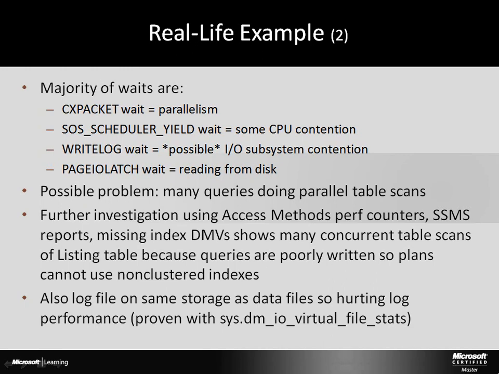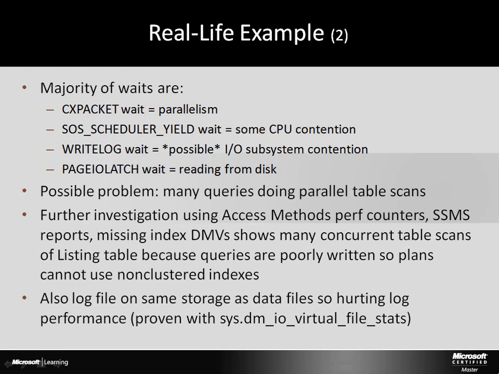Now, from digging in further, in other words, taking the waits and then looking at the queues, looking at perfmon counters, looking at the various DMVs and so on, and analyzing what query plans are occurring on the system, what it turned out to be was that there are many queries that aren't using the non-clustered indexes that are defined on this big table. And so lots of these queries are actually doing table scans. So there's a lot of concurrent table scanning going on, which is contributing to these waits.